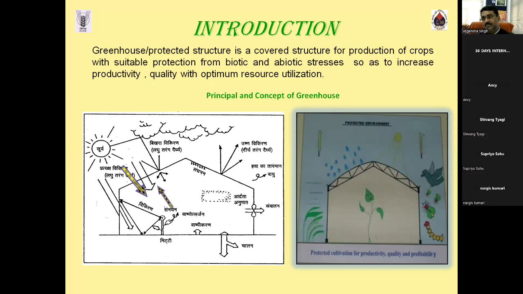All are protected by the structure, so it is called a protected structure. Do not confuse greenhouse and protected structure; both are the same, but different scientists have created different names.